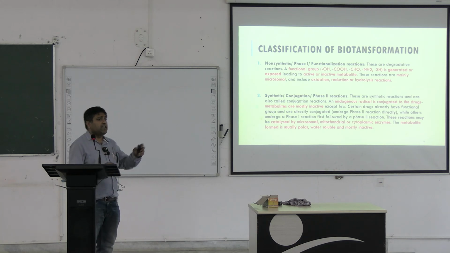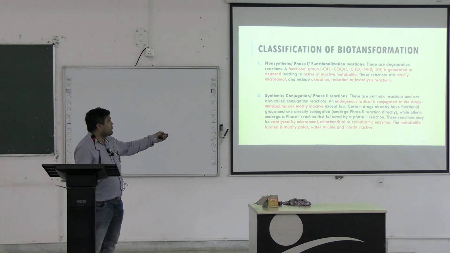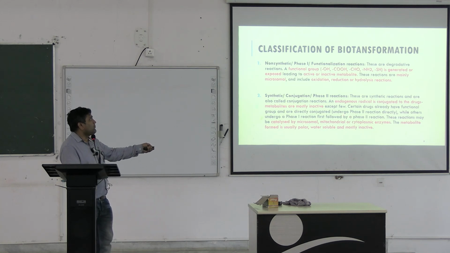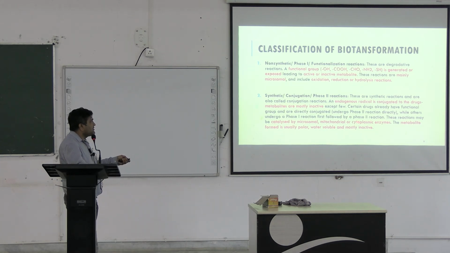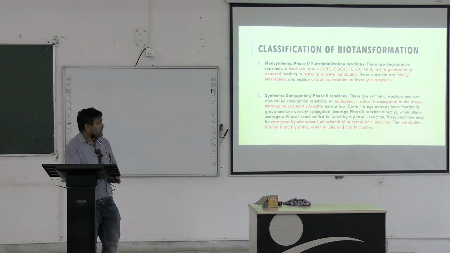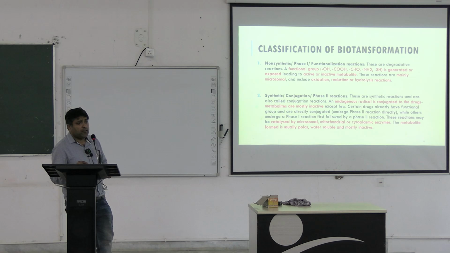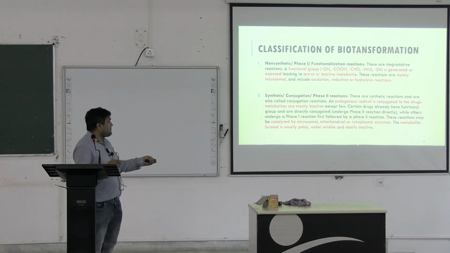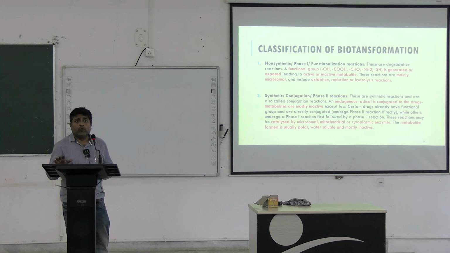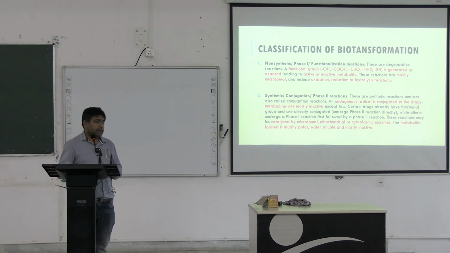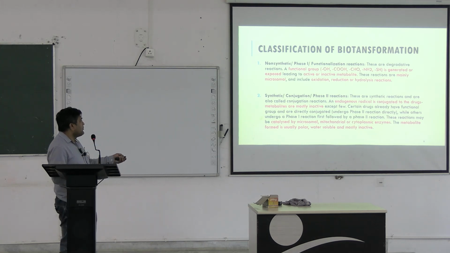Some drugs already have the functional group in them and do not undergo phase 1 metabolism, they can undergo phase 2 metabolism directly, while others undergo a phase 1 reaction followed by a phase 2 reaction. Now, these reactions may be catalyzed by microsomal, mitochondrial and cytoplasmic enzymes. The metabolite formed is polar, hydrophilic and can be easily excreted by urine.